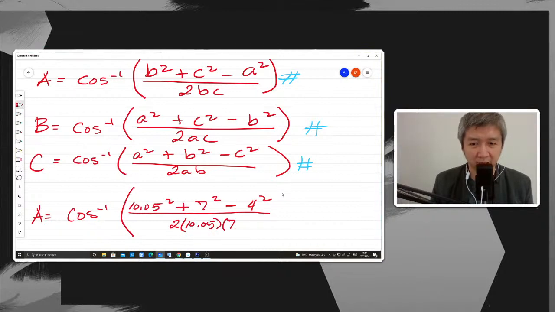Then 7 squared. No more squared. Who can tell me the answer?